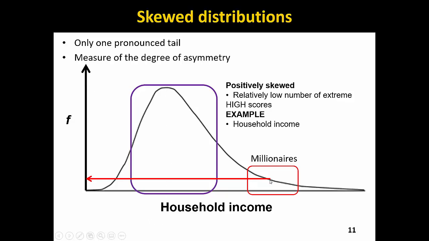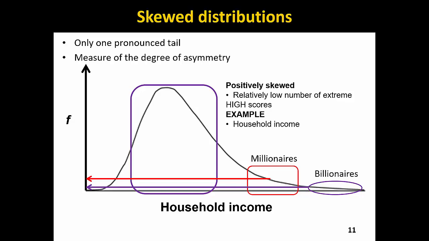If we continue to travel along our tail, at the very far right, here we see our billionaires. And the billionaires are 3 orders of magnitude greater than the millionaires.